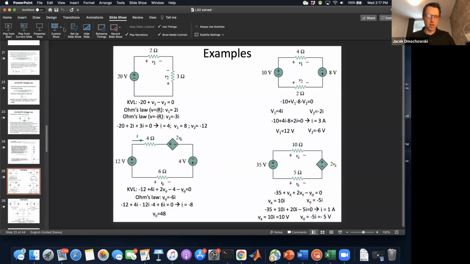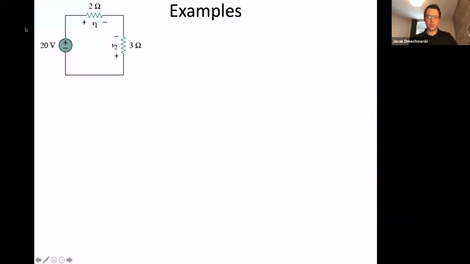Okay. All right, so we are tasked with finding V1 and V2 in this picture. What laws do we need to apply to solve for V1 and V2?